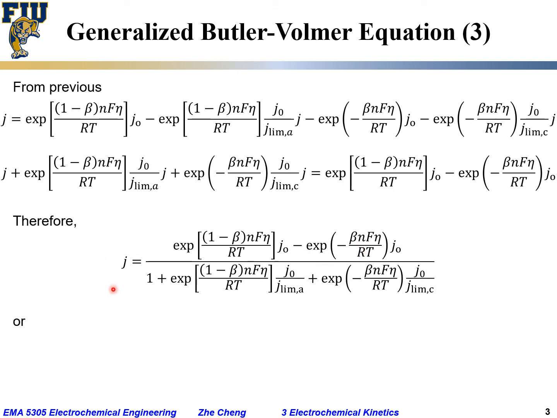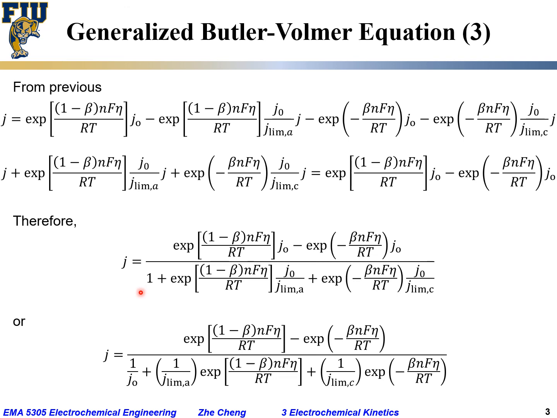Of course, sometimes people would rearrange this equation a little bit further and divide by J0 for the numerator and for the denominator. So J0 over J0 becomes 1, and the denominator becomes 1 over J0 and J0 over limiting current density, for the cathodic process and for the anodic process.